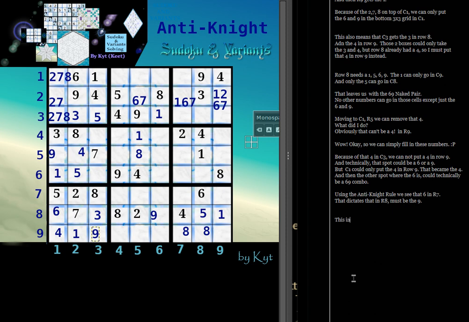This in turn makes column 1 be the 6 and column 3 be the 9.